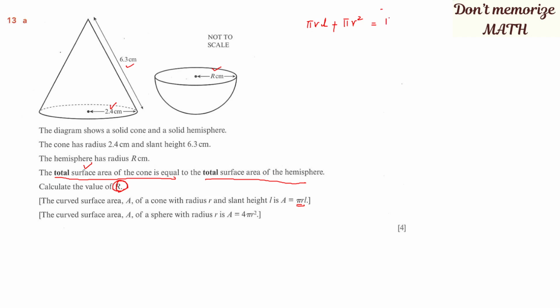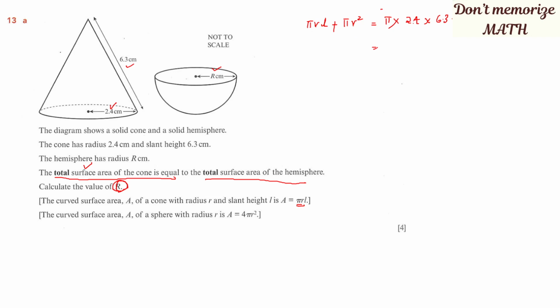So pi rl: pi times the radius of the cone, 2.4, times the slant height. L is the slant height, given as 6.3, plus pi times the radius of the cone squared. We need r square, so it is 2.4 squared. Now take the calculator and find the total surface area of the cone.